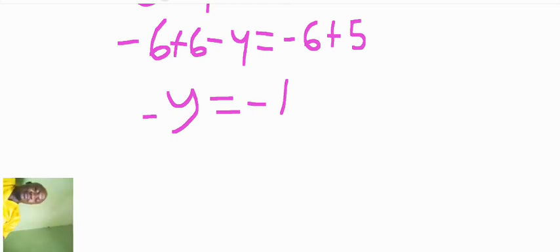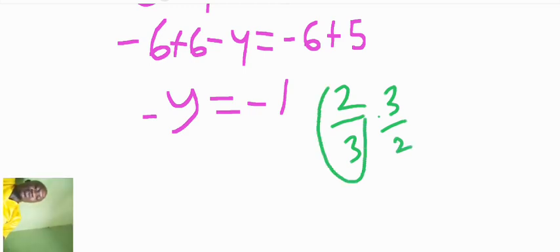So if I have 2/3, and I ask you to find its multiplicative inverse, I'm asking to find a number which, when I multiply it with 2/3, I will get 1. Clearly, that number is 3/2. So 2/3 and its reciprocal are the multiplicative inverse of each other. What about 4/5?